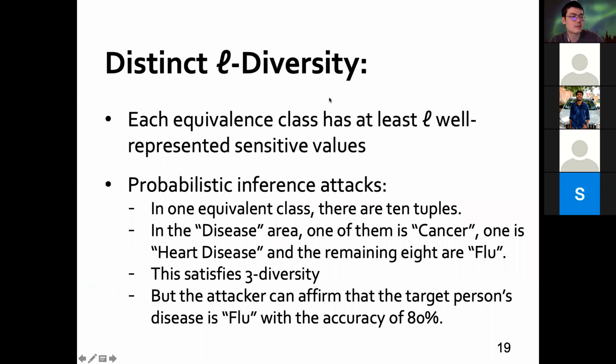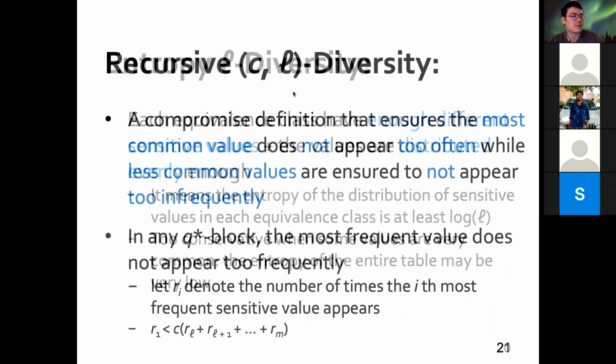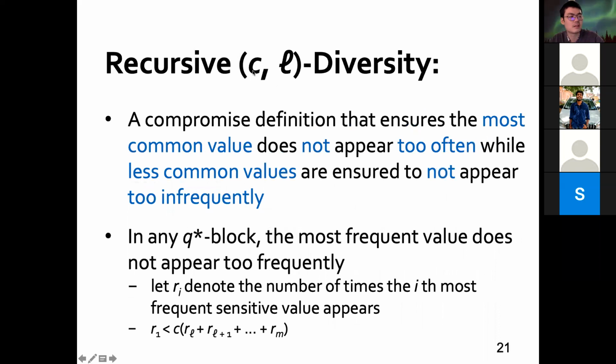But that may cause some problems because the distribution is not good. So besides the L parameter, there are other variants like CL diversity. Then you also introduce a C value here, and there are different variants of L diversity. Okay. You're welcome.